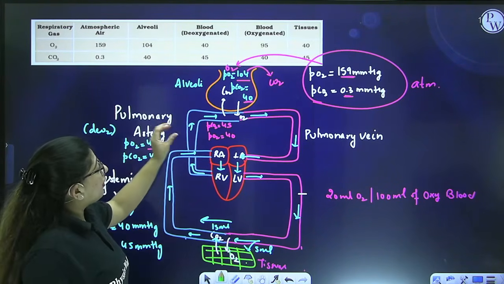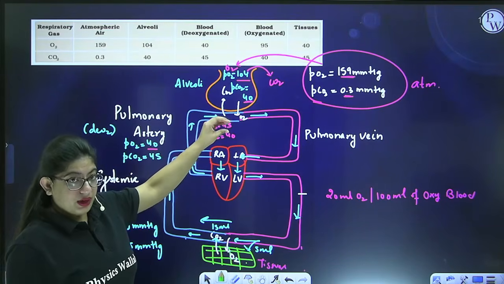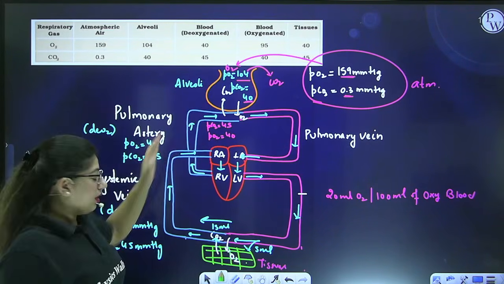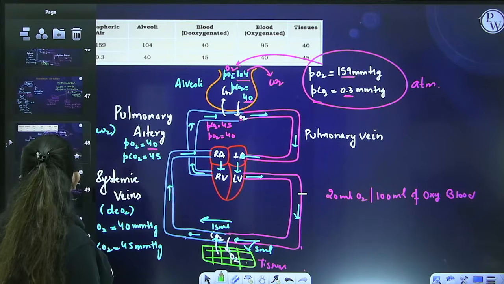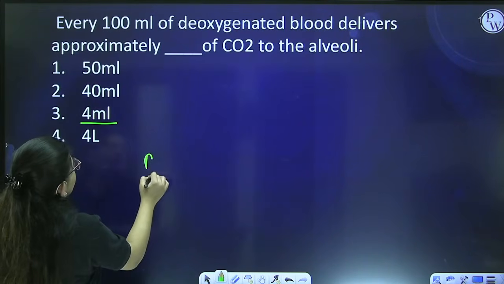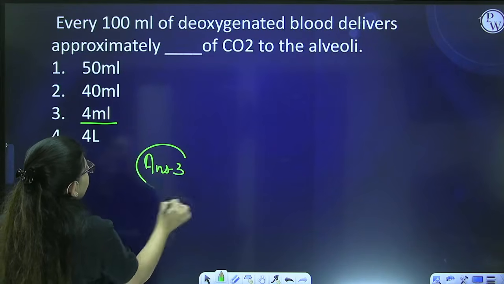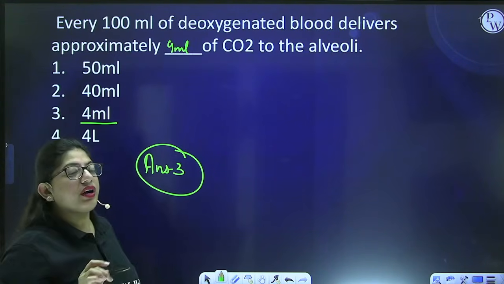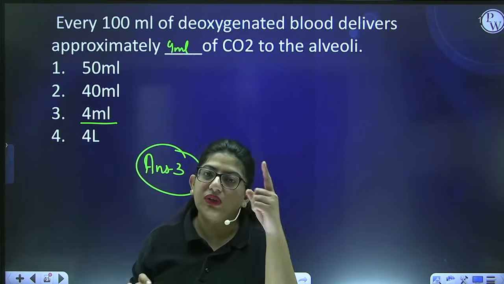So we say that every 100 ml of this blood gives 4 ml of CO2 to the alveoli. So it's a fact, you need to learn this, guys. Some things are factual and we need to learn. So that is answer 3. 4 ml of CO2 goes from 100 ml of the deoxygenated blood to the alveoli.